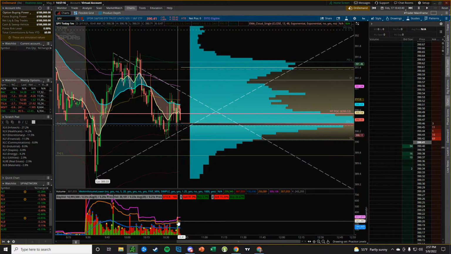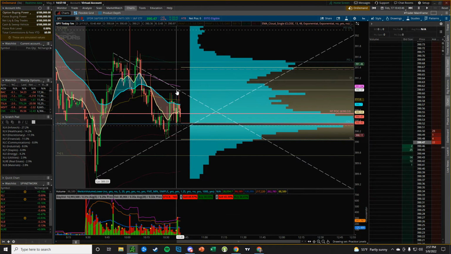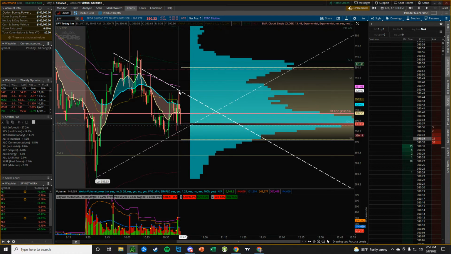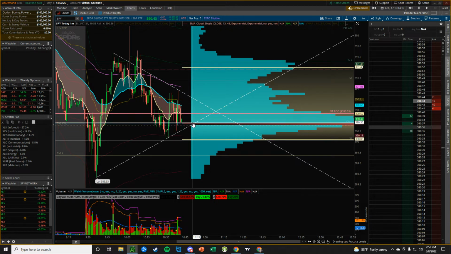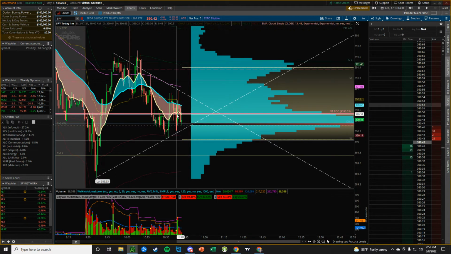This looks like it was an exhaustion peak. Unfortunately, I caught that a little bit slow, but this would have been a really good candle to short. We're not going to say that we took that just because I did. I saw that pretty much well after the fact that it happened.